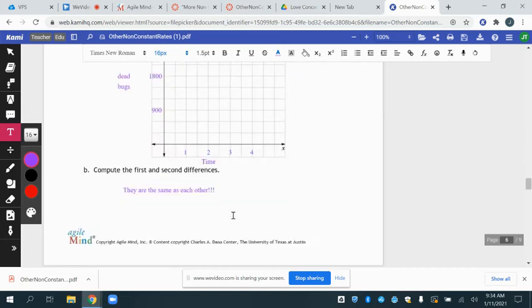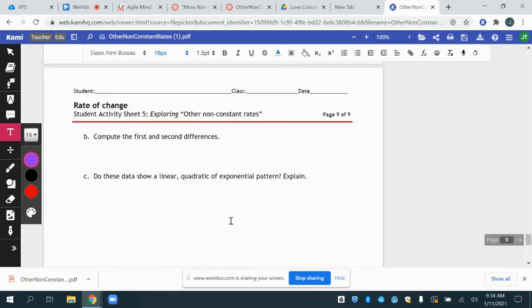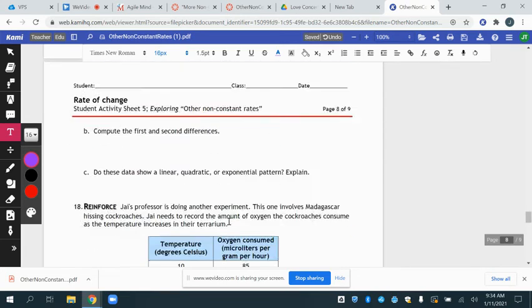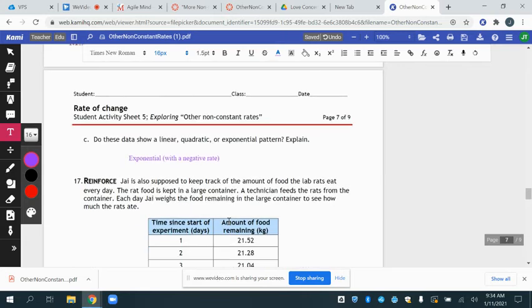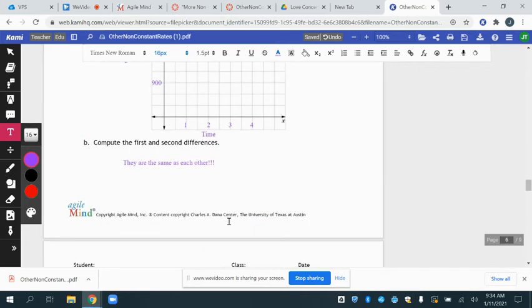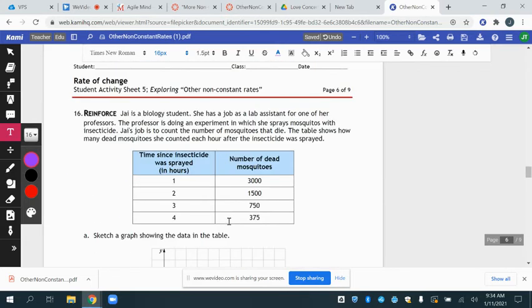I think that's almost there. Oof, there's a lot to this assignment. Sorry about that. We're almost there. Okay, let's try to finish this thing. Where are we at? We're right here. Jay is a biology student. She has a job as a lab assistant for one of her professors. They're doing experiments. She sprays mosquitoes. Her job is to count the number of mosquitoes that die.